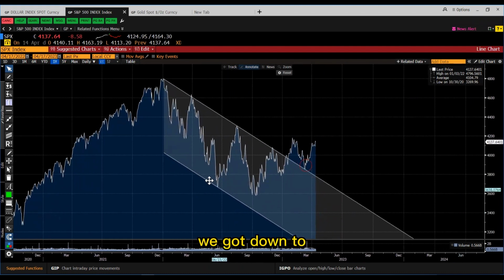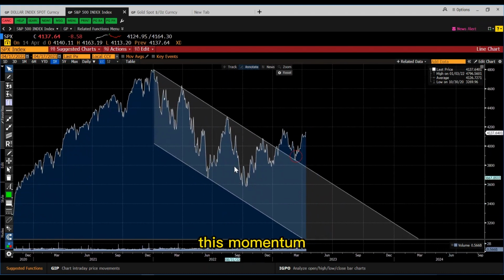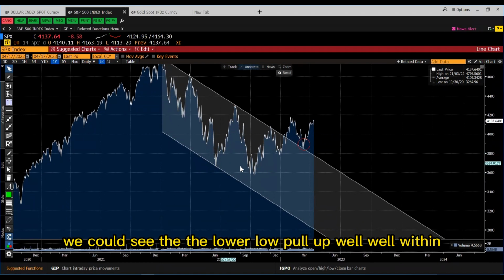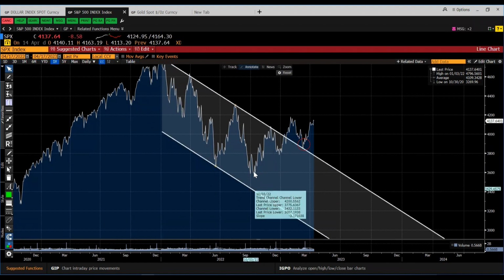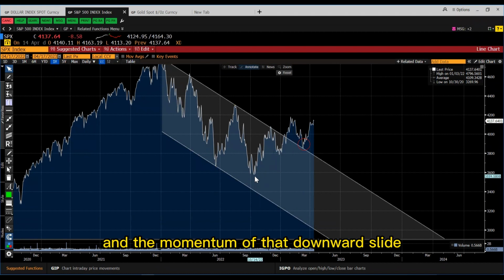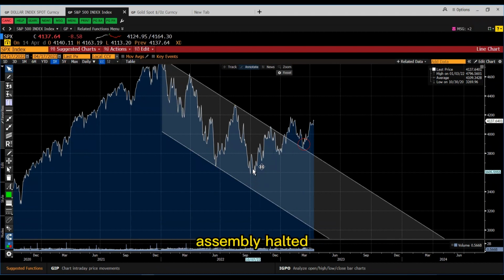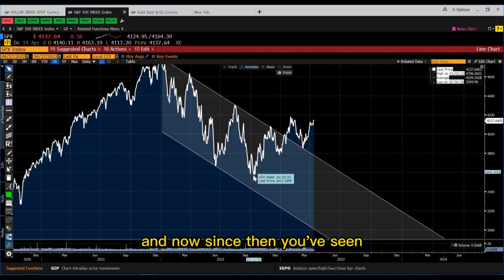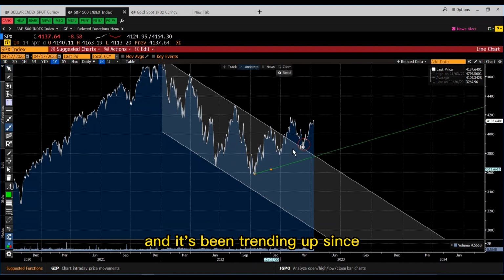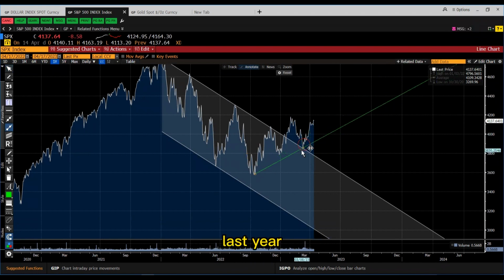We got down to here, this momentum indicator really worked. We did see the lower low pull up well within the trend range, and the momentum of that downward slide seemingly halted. And now since then we've seen a reversal, and it's been trending up since September last year.